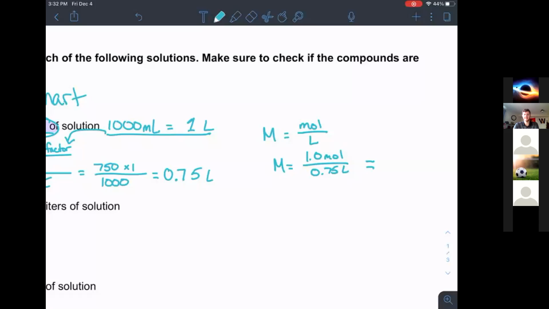Anybody get a value? 1.33. 1.33 molarity.